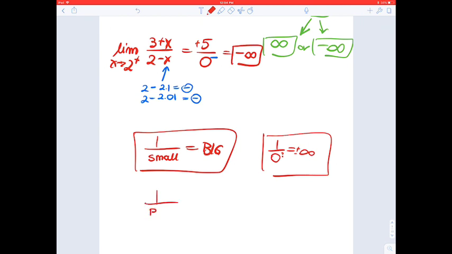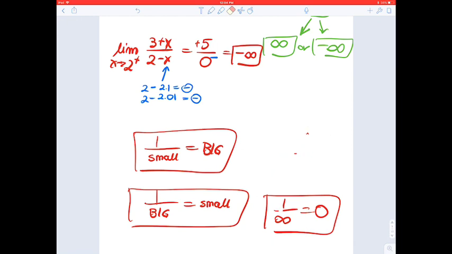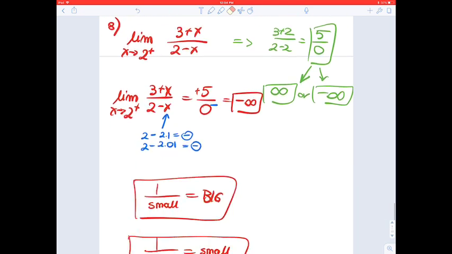Or later we will have this: 1 over big, it's small. That means if you will end up with 1 over infinity, it's always 0. That's really informal. Okay? I can possibly remove that because we're not really writing, but that's what I mean. Okay, limit number 9.